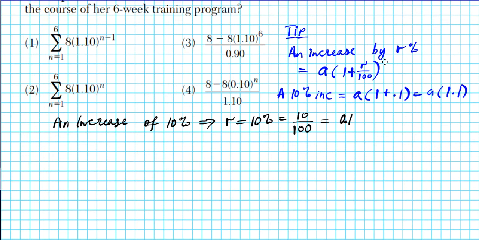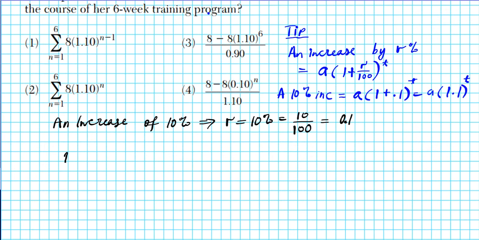And it just depends on the number of times that she has the increment done. In this case we're looking at 6 weeks, but t represents the number of times.